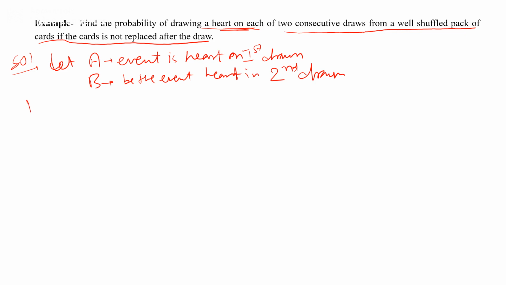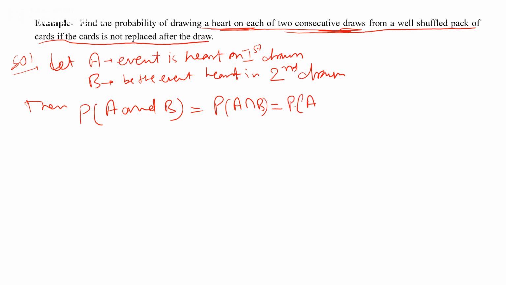Now because we have to find the probability of drawing a heart on each of two consecutive draws, it means first we draw a heart and on the second draw we also get a heart. So here we have to find A intersection B. By conditional probability, we write probability of A into probability of B given that A has already occurred. Why are we using conditional probability here?